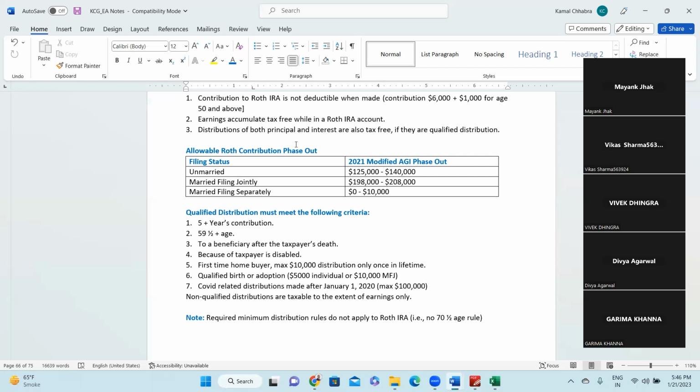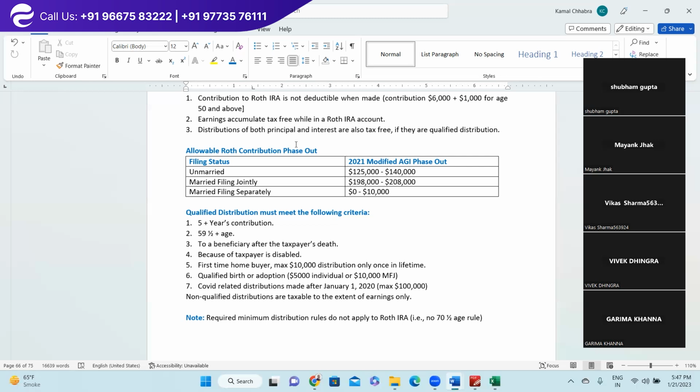Then qualified birth or adoption. If you got a new baby in your family, whether it's your own or you're adopting, up to $5,000 for an individual, or if you're filing jointly, up to $10,000 is allowed. Last one is COVID related distribution made after January 1st, 2020.